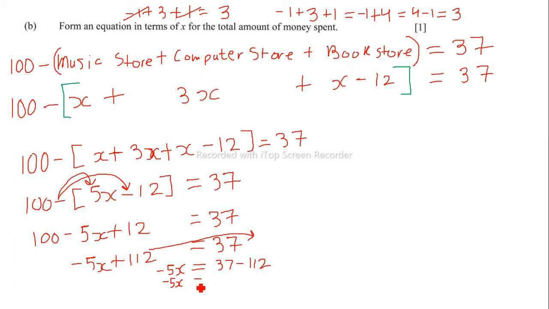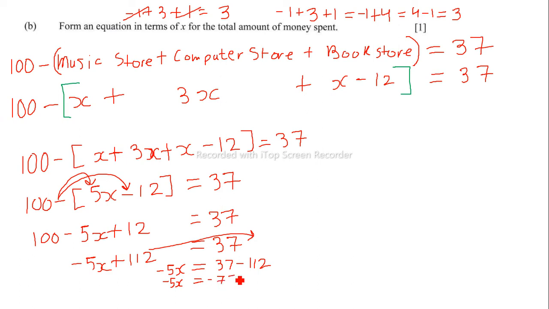What is 37 minus 112? 37 minus 112, people. -75.